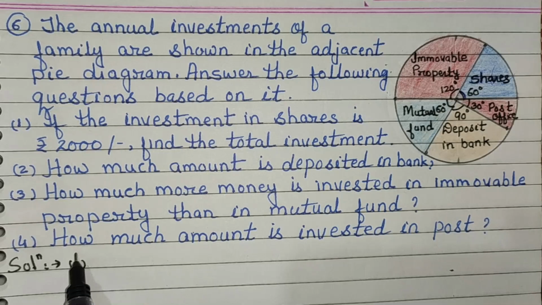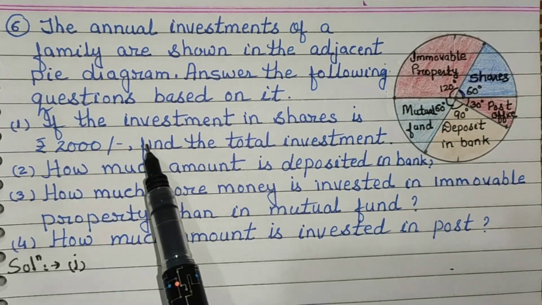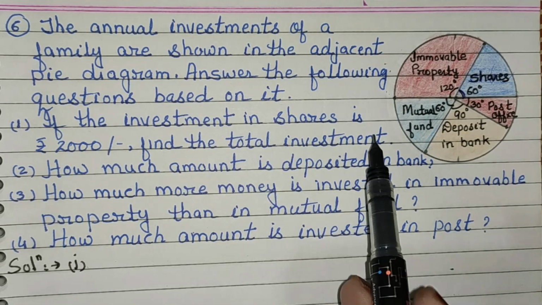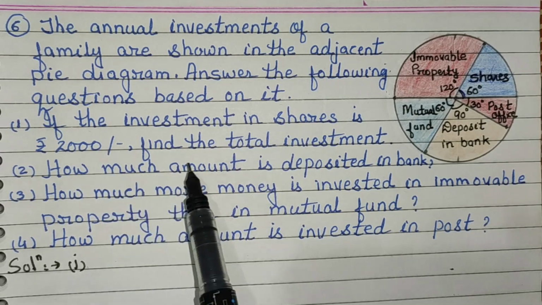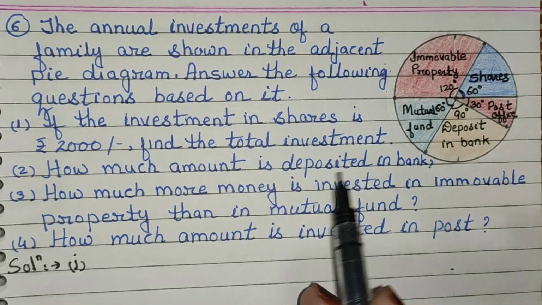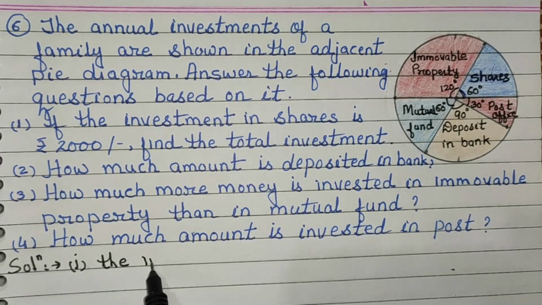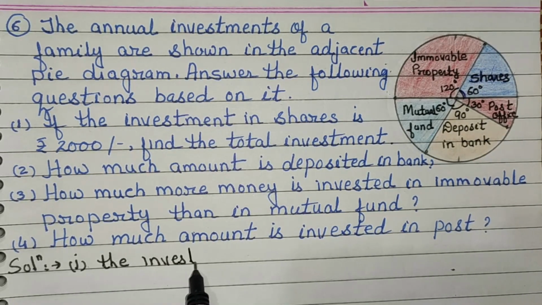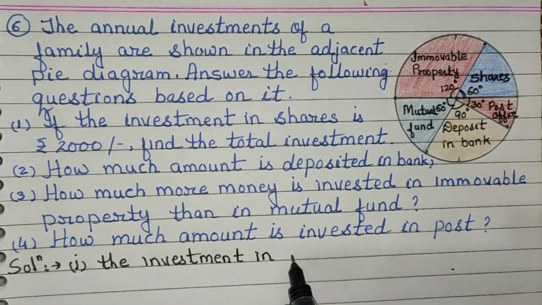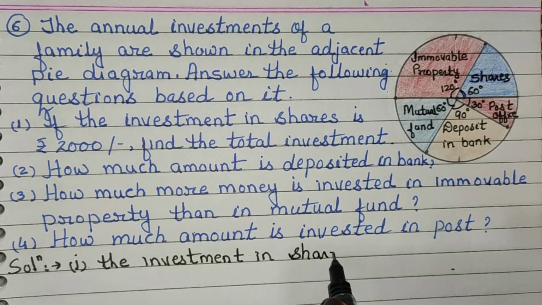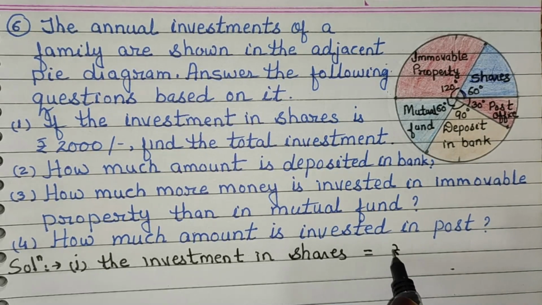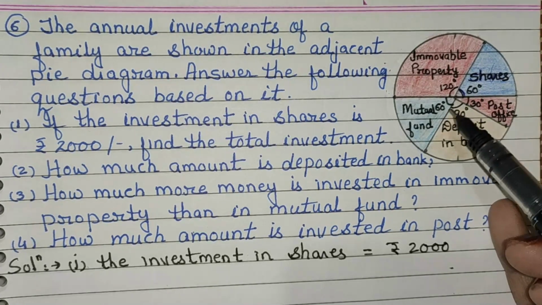Now look at the first question. If the investment in shares is rupees 2000, find the total investment. Now look at here. The investment in shares, it is given, is equal to rupees 2000. And look at the pie diagram.